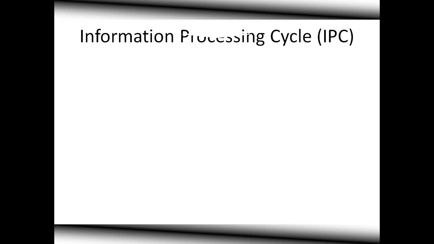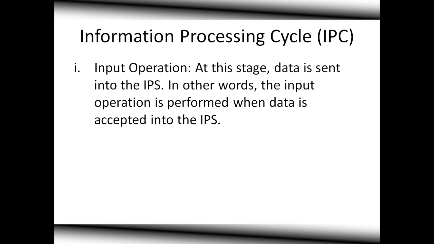Let us look at the input operation. So the first step in the information processing cycle is the input operation. At the input operation stage, what happens is, first of all, data is given to the information processing system.